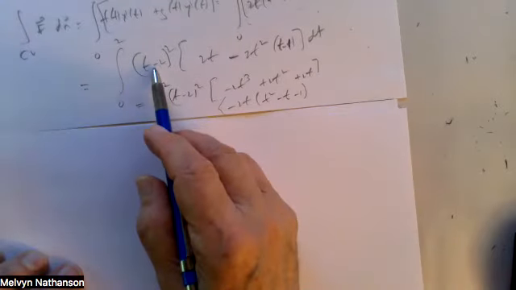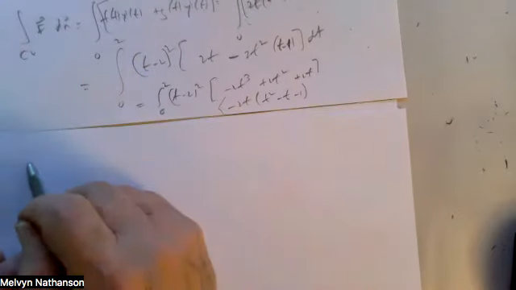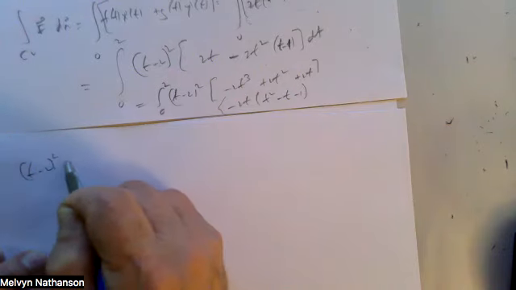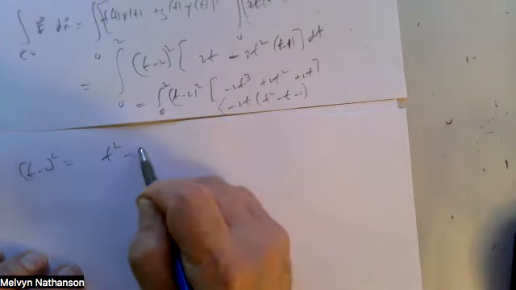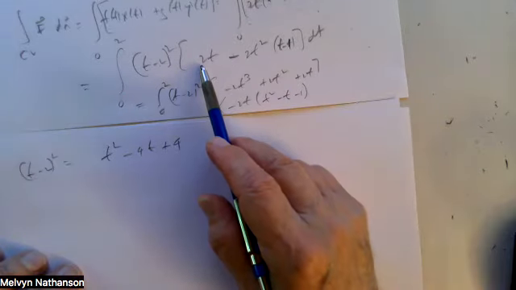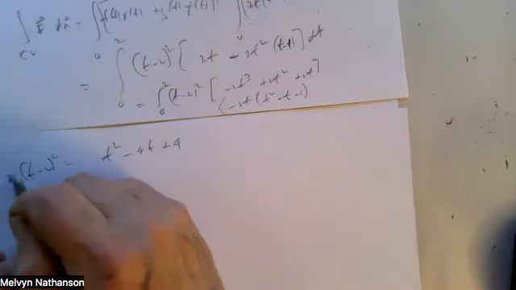So (t minus 2) squared is t squared minus 4t plus 4, and I'm multiplying that by 2t.